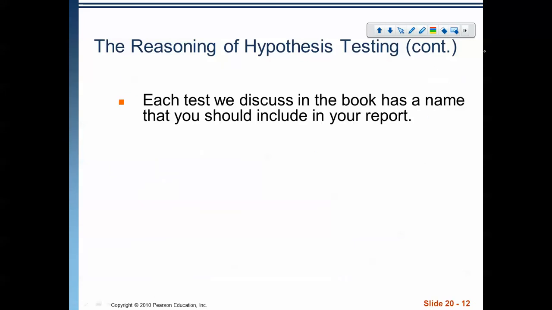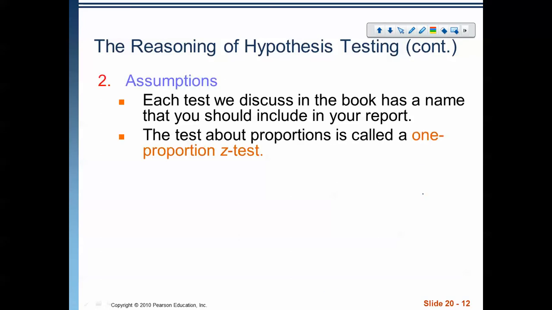Every test that we do has a different name that you need to include in this report. The test that we're going to do today is called a one proportion Z test. And the assumptions and the conditions that need to be met are a randomization condition and a sample size condition.